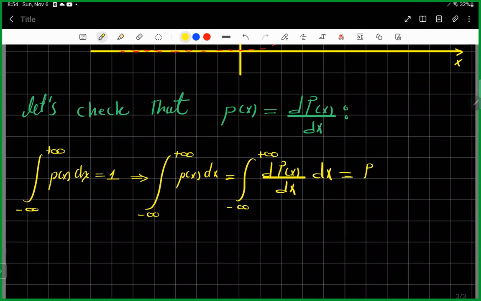And this is P of plus infinity minus P of minus infinity. This is, of course, equal to 1. This is equal to 0. This is then equal to 1. Okay. These are the cumulative probability functions.